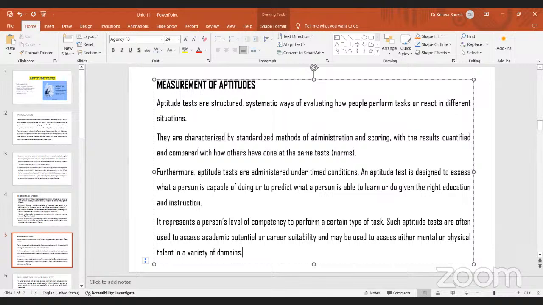It represents a person's level of competency to perform a certain type of task. Aptitude tests are often used to assess academic potential and career suitability, and may be used to assess mental, physical, or talent dimensions of a variety of kinds.